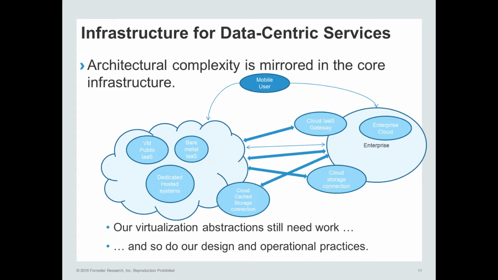There's still some fundamental work that needs to be done on the part of the vendor community in terms of better technology abstractions. Today, it's probably fair to say that the server virtualization part of the landscape is in pretty good shape. Storage virtualization, which comes under a lot of different names, including software-defined storage and hyper-converged storage, is coming along very rapidly. Very major improvements in the last 18 months even.